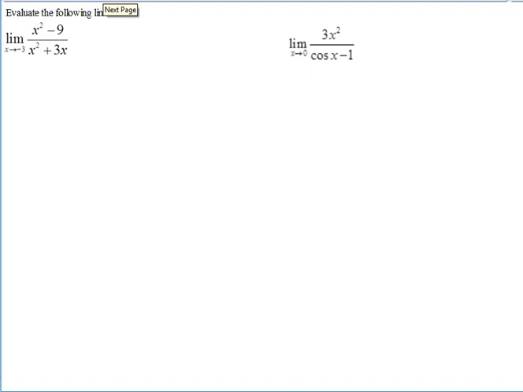All right, so the first thing you do when you're evaluating these limits is you substitute in what x is approaching. Negative 3. So we'd have negative 3 squared minus 9 divided by negative 3 squared plus 3.